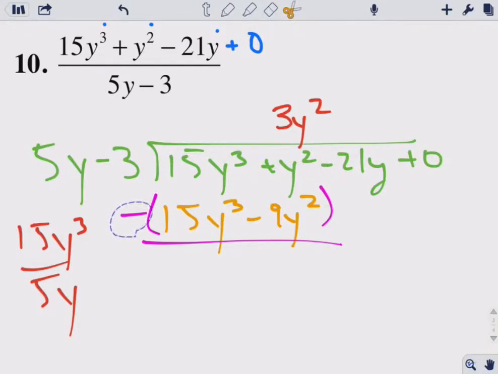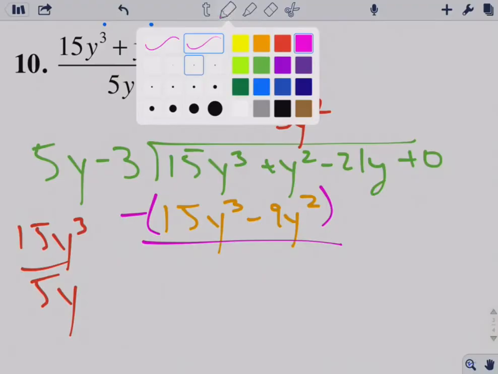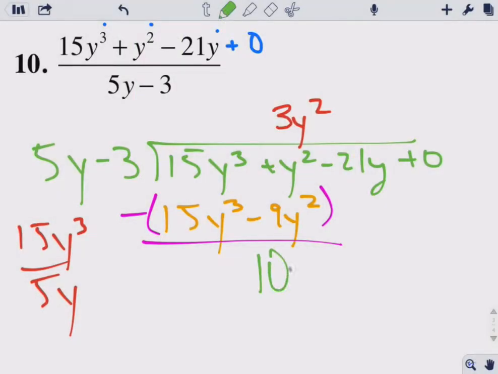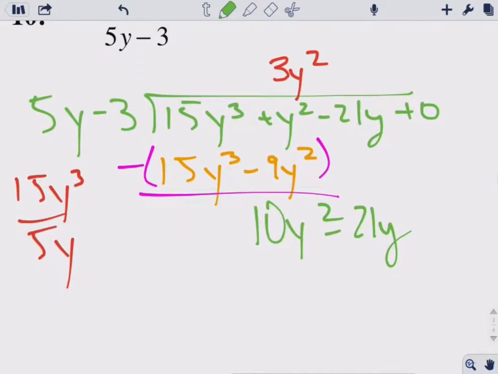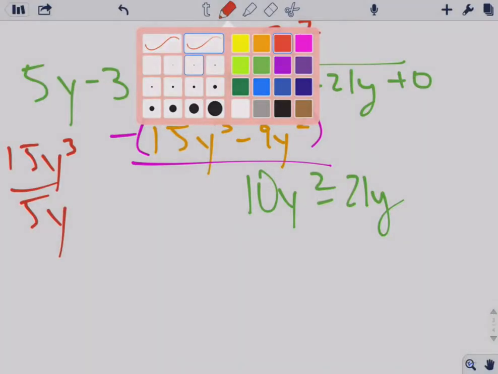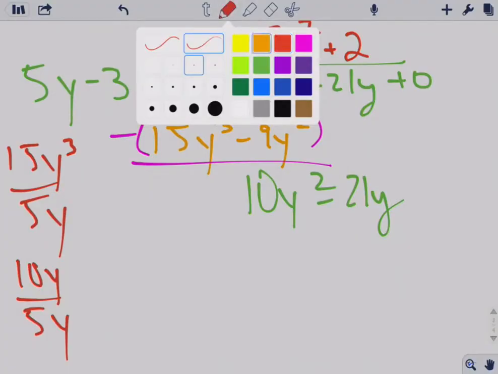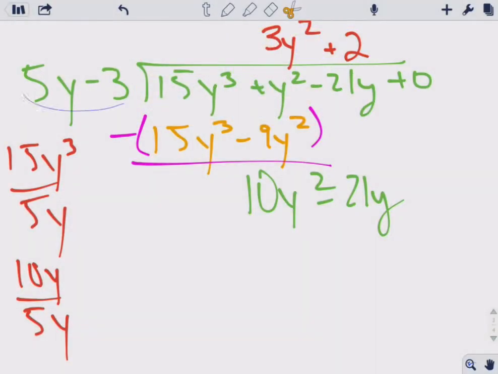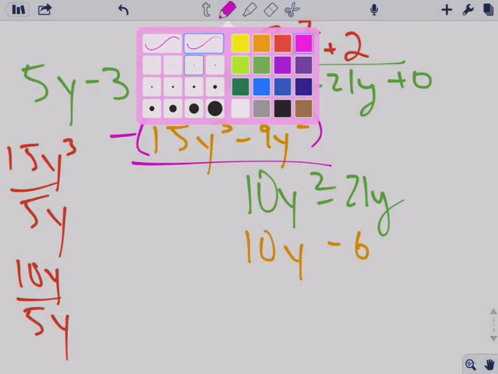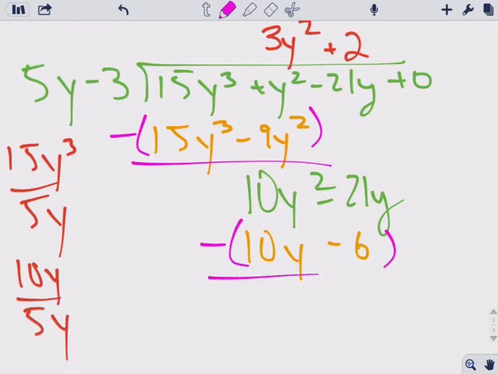Y squared minus negative 9y squared gives me 10y squared. Bring down the negative 21y. So I do the same process. I do 10y squared divided by 5y equals 2y. I multiply the 2y times the 5y minus 3, so I get 10y squared minus 6y. Then I subtract going down.